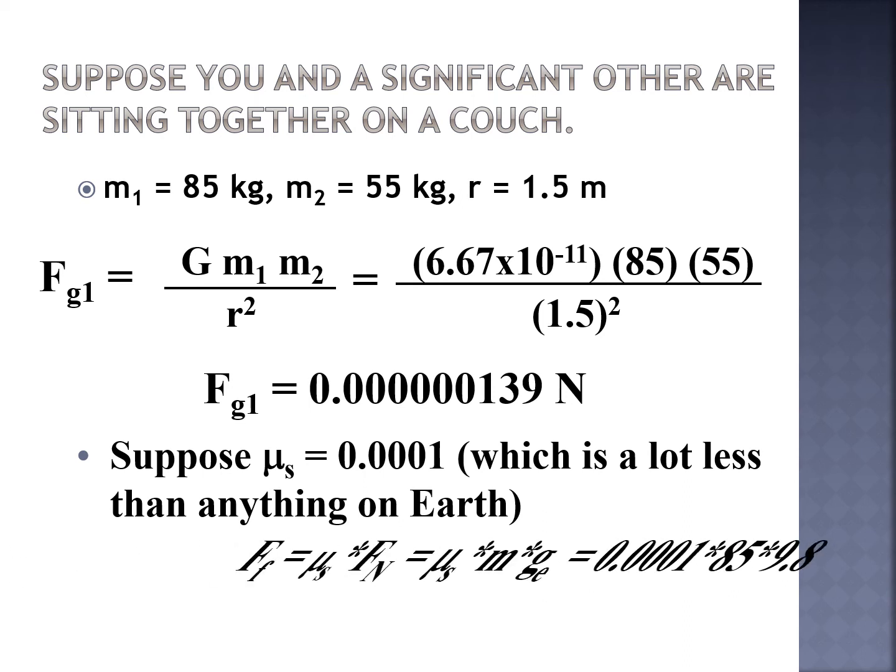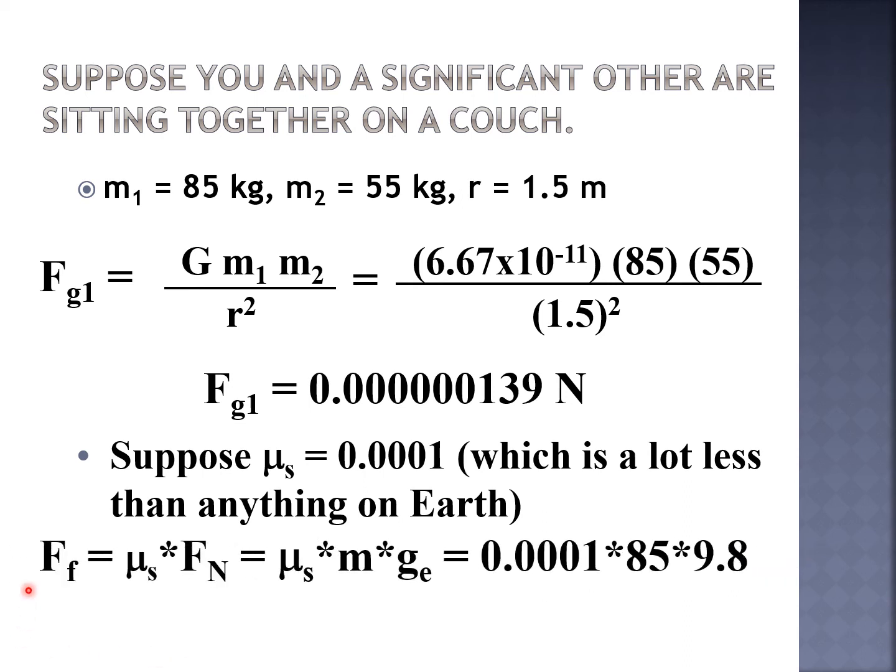The maximum force of friction is equal to the coefficient of static friction times the normal force, and since you're dealing with a horizontal couch, the normal force is going to be equal to the force of gravity, which is mass times the acceleration due to gravity on Earth. Plug that in and multiply that out, and you get 0.0833 newtons, which is much, much, much greater than the force of gravity between you two. So obviously you're not going to be sliding because there's no surface that's even that slick in the first place.